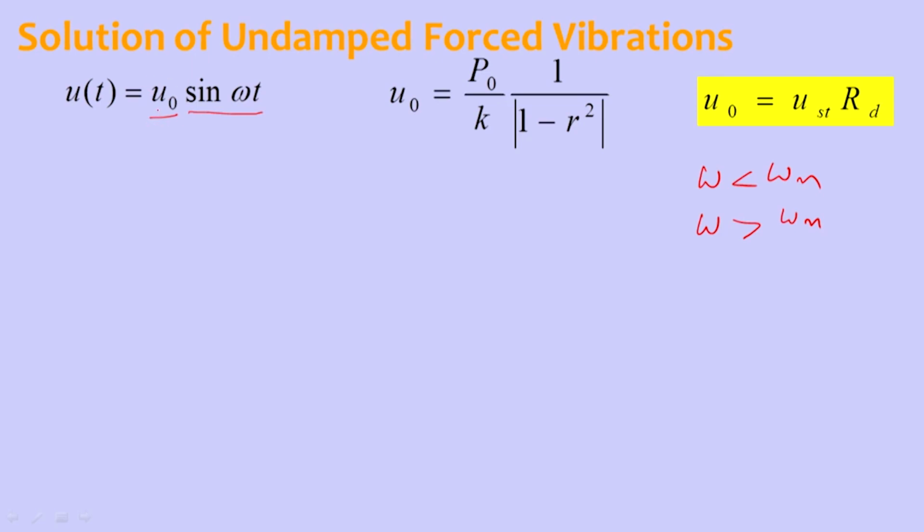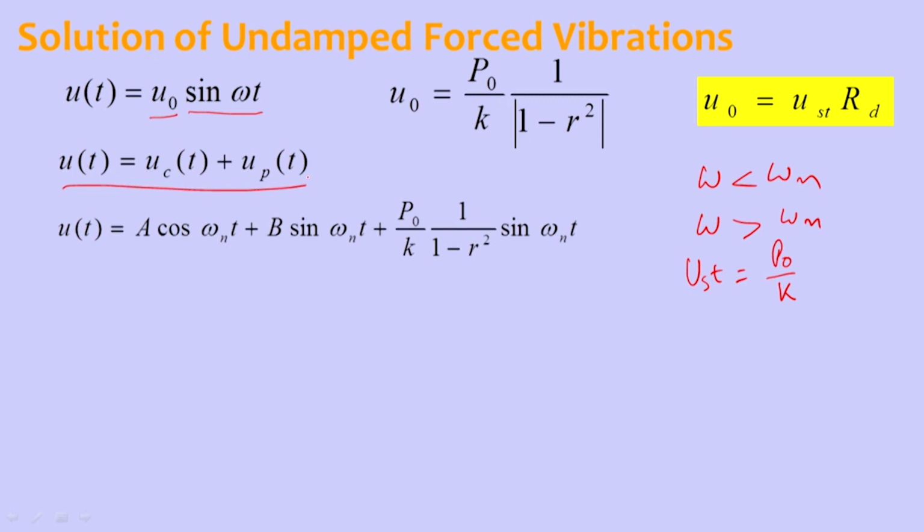The amplitude u0 is equal to p naught by k, which is nothing but the static deflection when the mass is at rest, multiplied by the dynamic amplification factor component. Then the total solution will be u equal to the complementary function plus the particular integral.